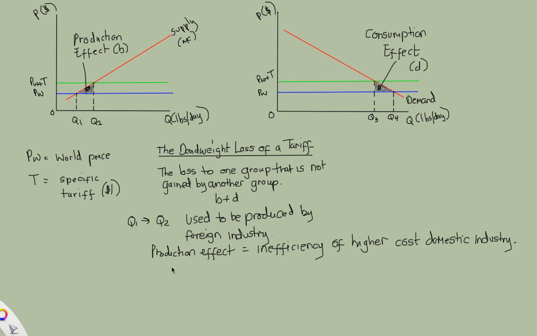And the consumption effect is a type of inefficiency that I think is less familiar to people, but it's also very important, and it relates to the fact that in general in economics we would like people or consumers to get all goods that they are willing to pay the marginal cost of producing. So the domestic consumer has a demand curve, and you can think of the demand curve as a willingness to pay curve.